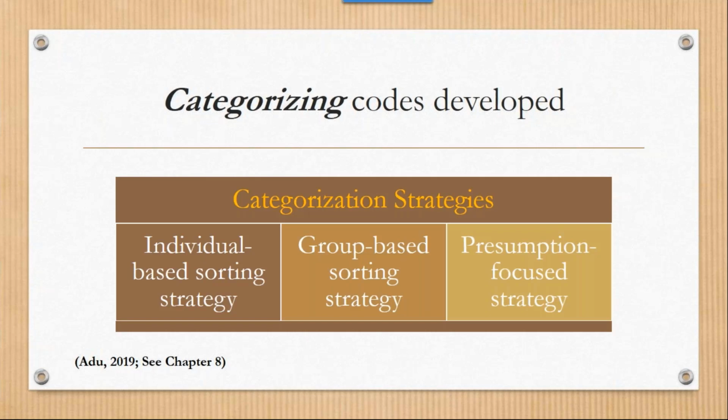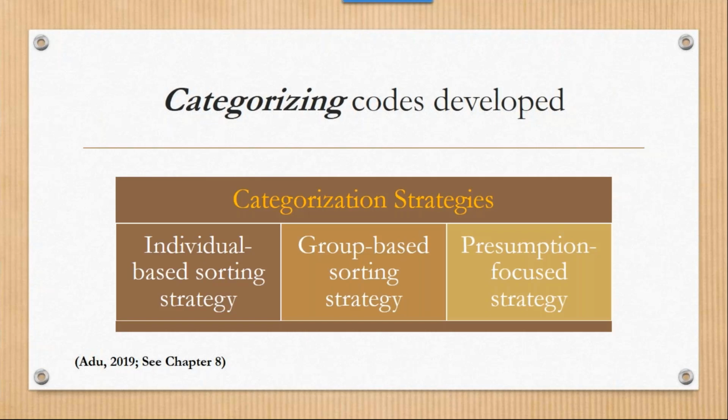The first one is individual based sorting, right? It's a type of sorting, but it's done by the researcher. That's called individual based. The second one is where the sorting or grouping of the codes that you have developed is done by a group of people. If you have a group of 10, they can help you categorize the codes. They each individually categorize the codes and then give you the results.